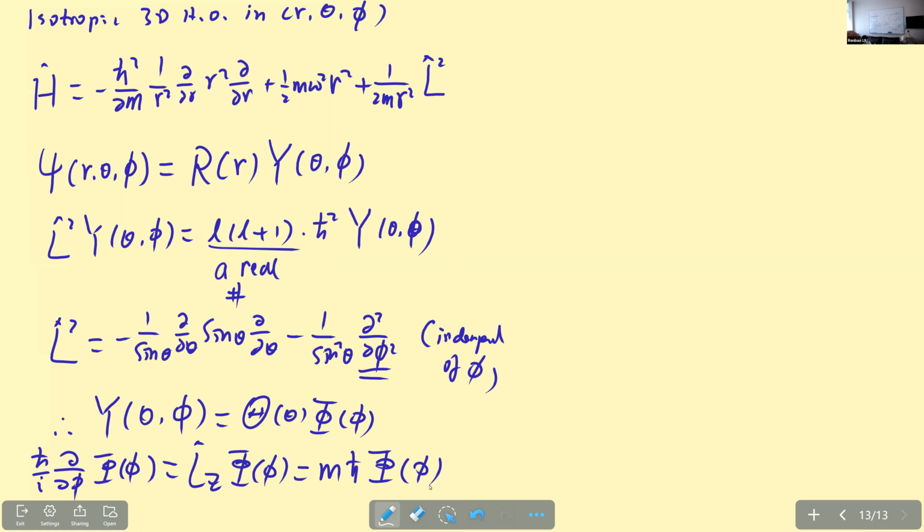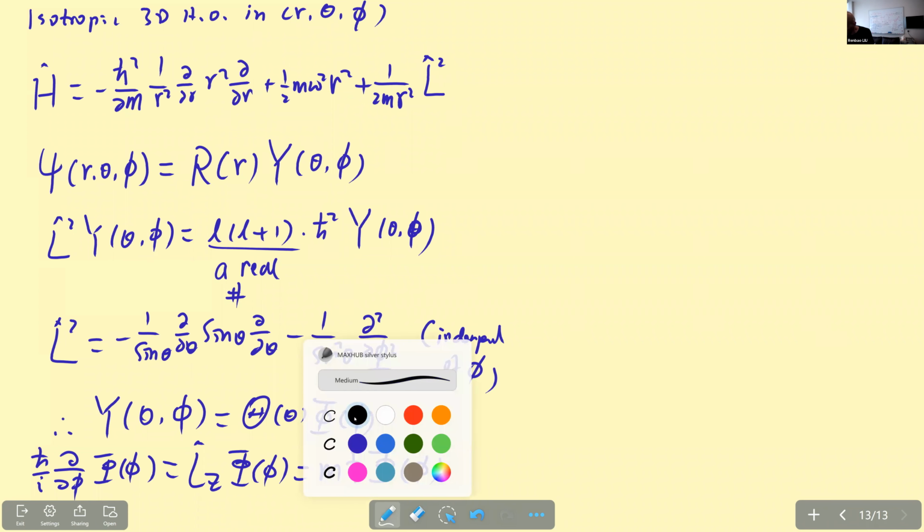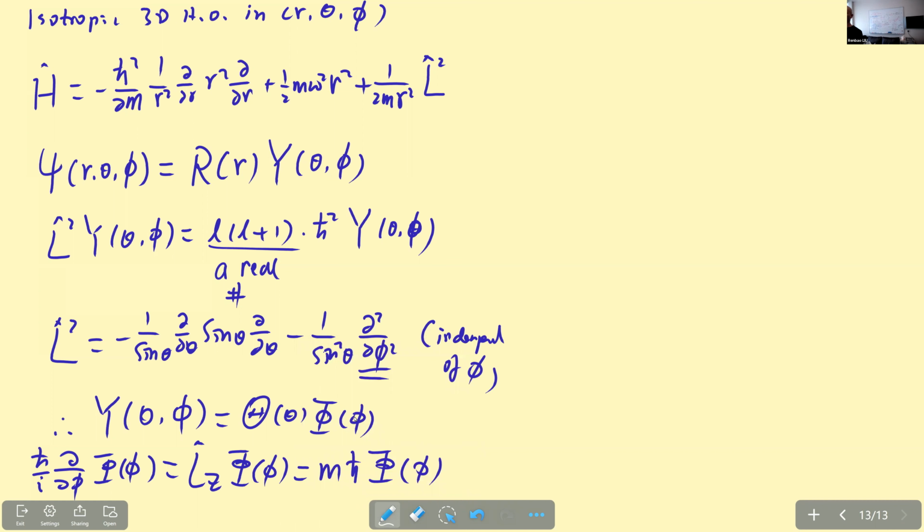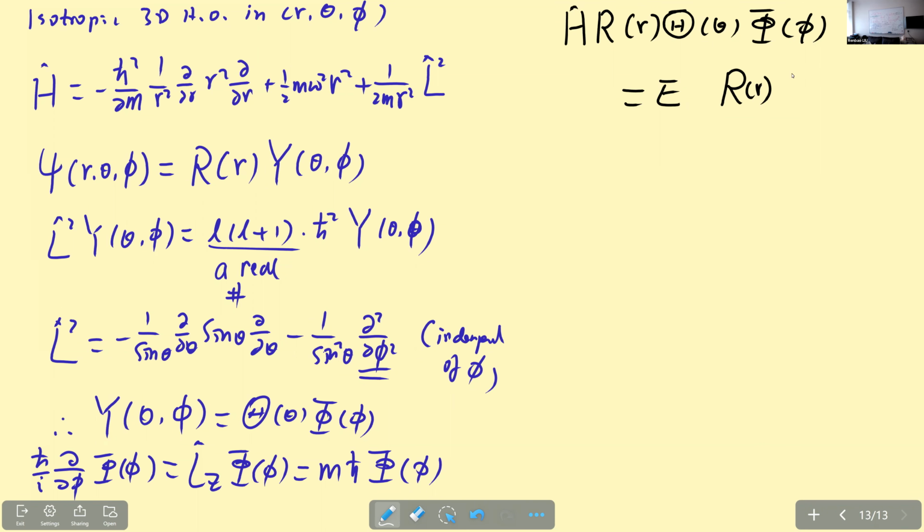So that means essentially eventually you will get the Hamiltonian acting on this R function, and this function of theta and this function of phi, equals the energy times R, theta, and phi. And simultaneously, you can even go back, right? Lz acting on this function.